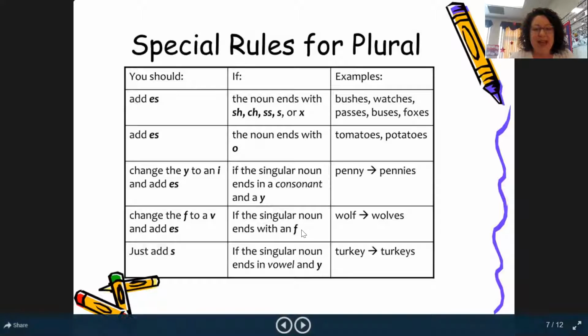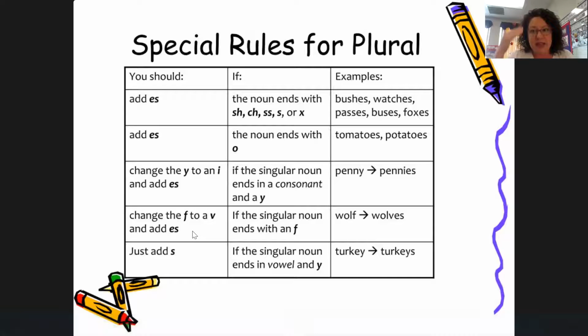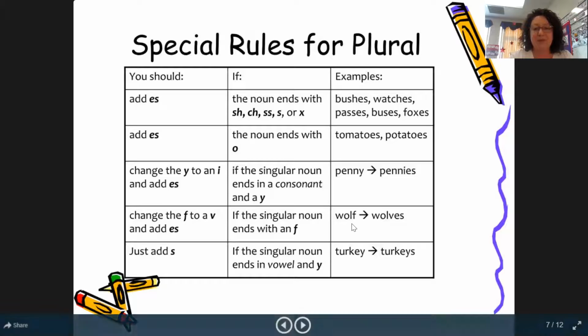If it ends with an F, you change it to a V and add ES. This is a lot. I'm just going over the chart, so don't worry about it if you're not getting it all in your head right now, okay? These are just examples. So if the word ends in an F, you change it to VES. Wolf goes to wolves, like elf goes to elves.